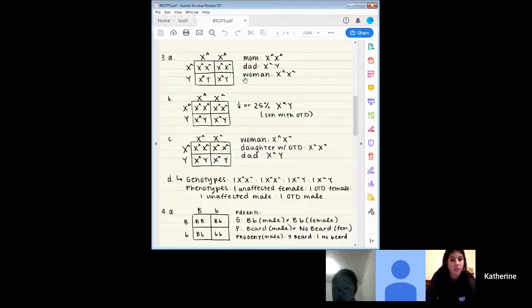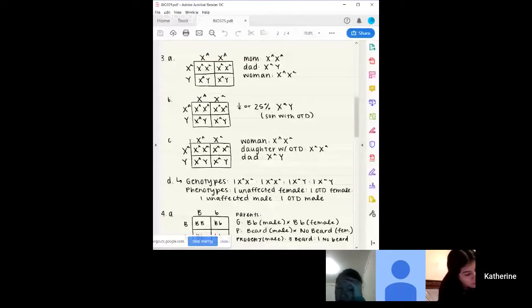So knowing that we knew that he was recessive, right? So recessive X and Y, and then she was homozygous and unaffected, so she was homozygous dominant. Yeah. Those are all I got. What you got? Okay.